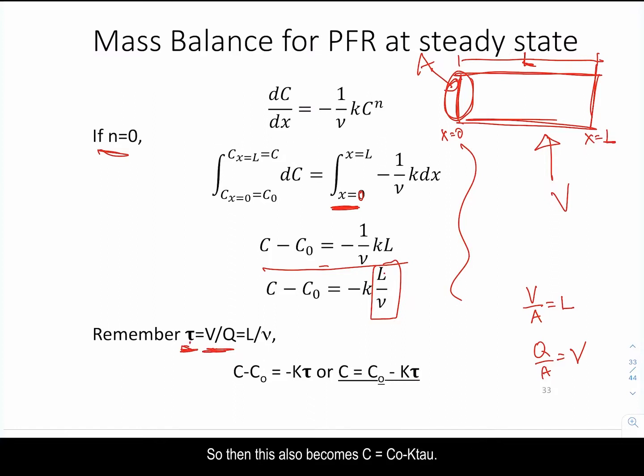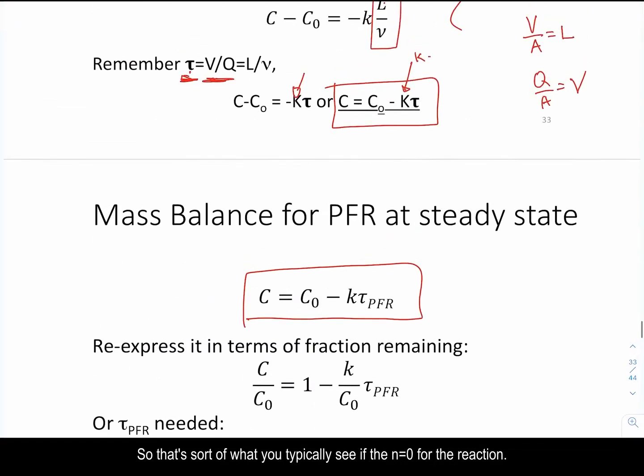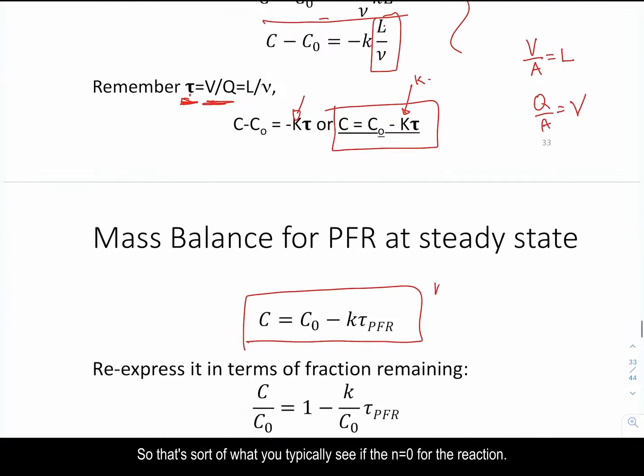So then this also becomes C equals C naught minus k tau. Okay, and by the way, I don't know why I made this k a capital; it's the same k, the reaction rate constant. Okay, so that's what you typically see if n equals 0 for the reaction.